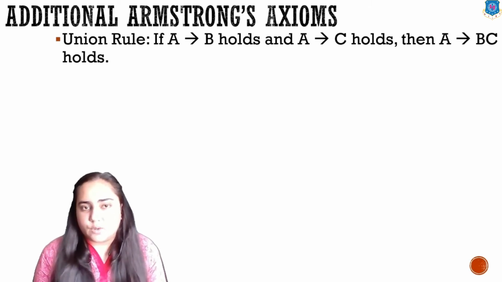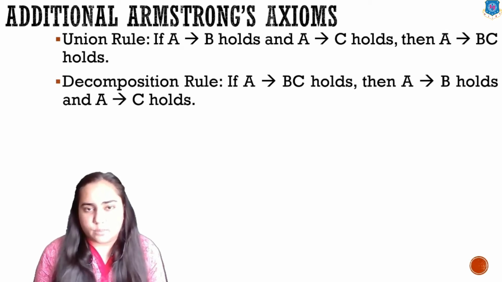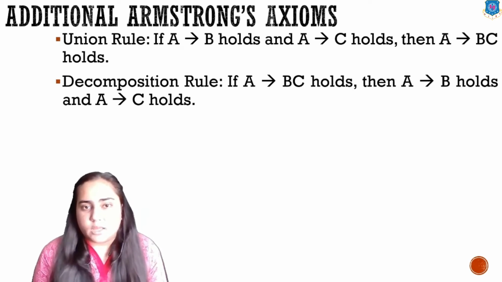That's why you can merge the right side and make it BC. The next additional rule is decomposition, which is a very important one, and we're going to use it quite extensively. It says that if A determines BC, then you can split it and make it A determines B and A determines C. So it's the exact opposite of the union rule.